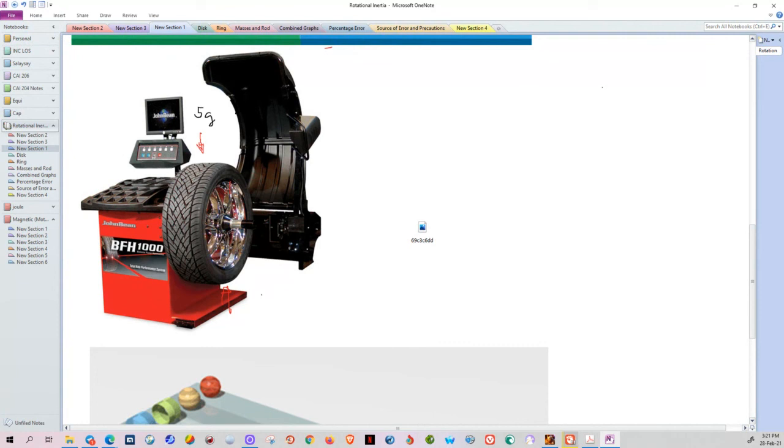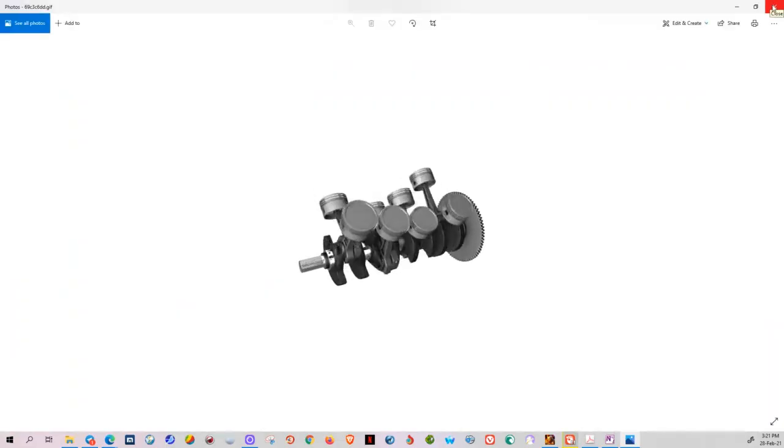The technician will take 5 grams of mass from here and attach it on the opposite side, plus 5 grams, to make it balanced. Because if the rotation is not balanced, this tire will vibrate or wobble. So a rotation which is not balanced will actually affect the motion of the rotation.